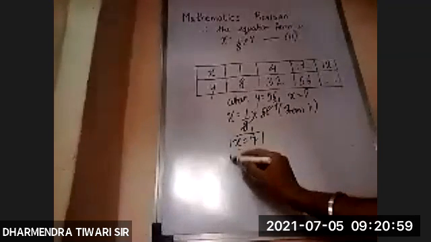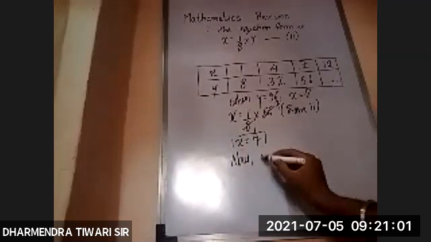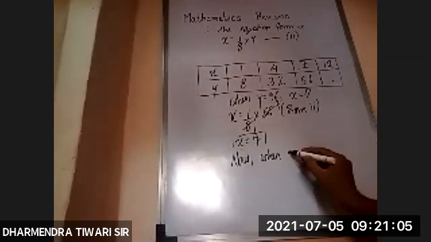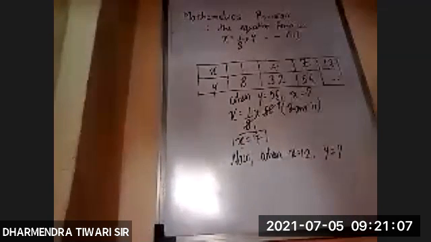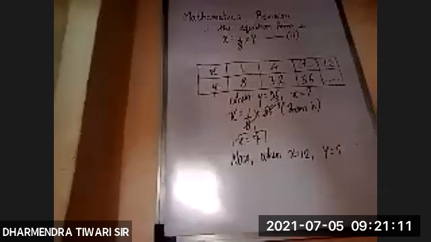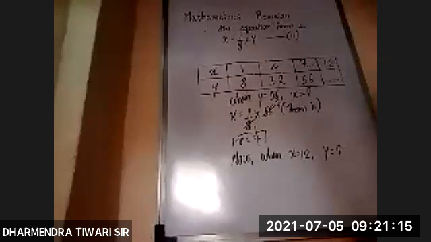Now, x is equal to 12. Find the value of y. The number of apples you know, get the value of how much will be the cost of 12 apples. That is y.